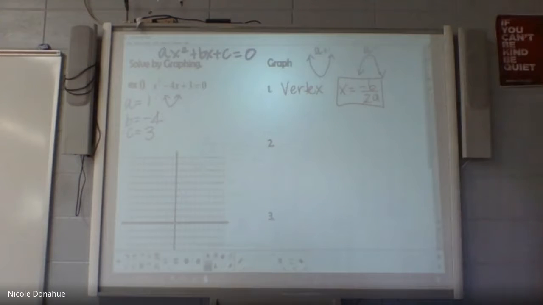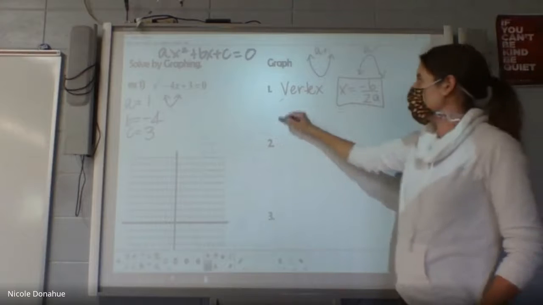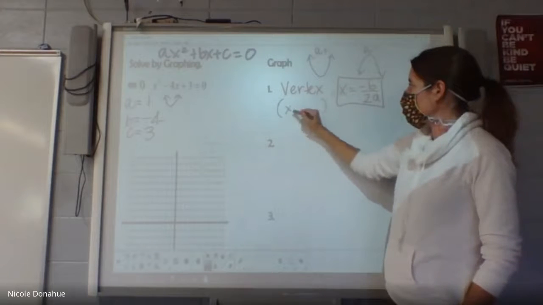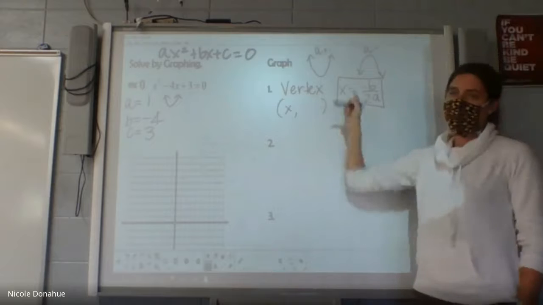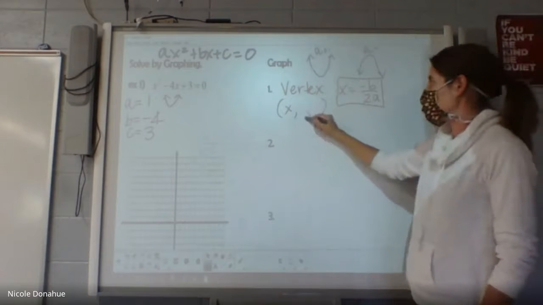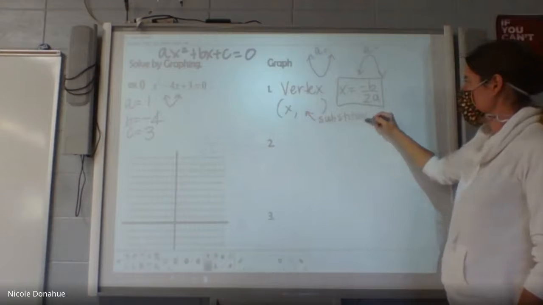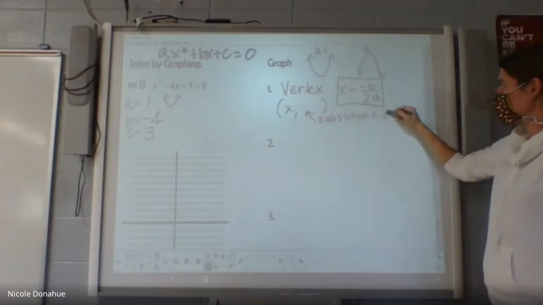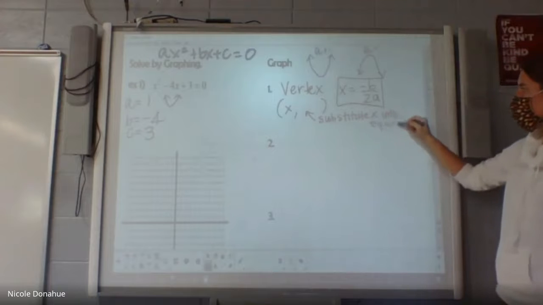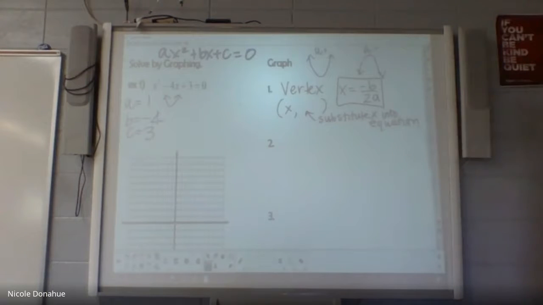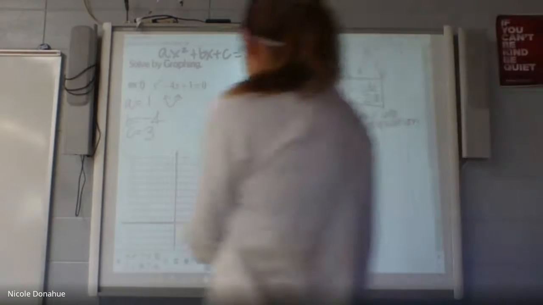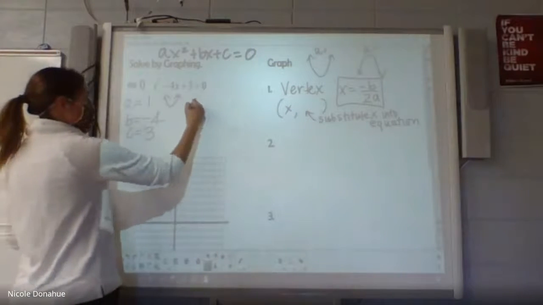I'm going to get my x coordinate from there, and then my y is going to come from substituting the x back in. So we're going to figure out the vertex.